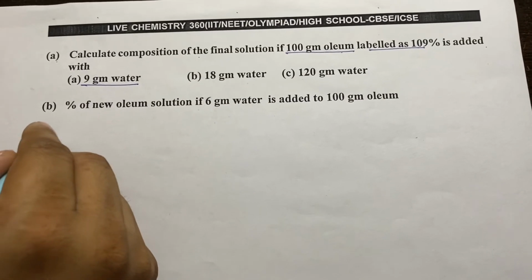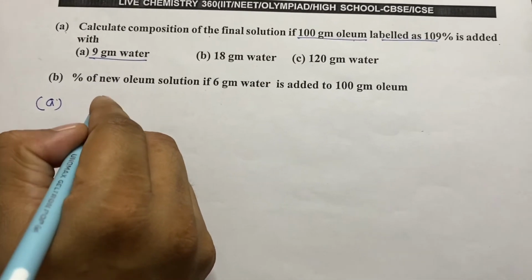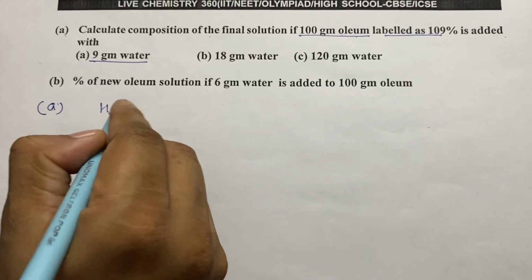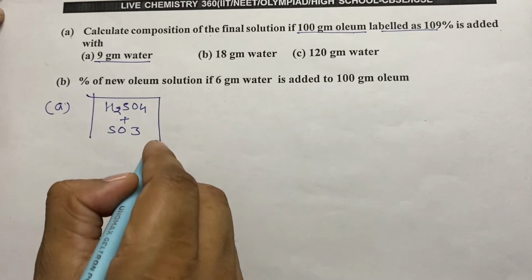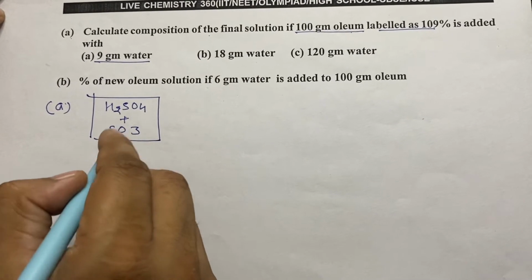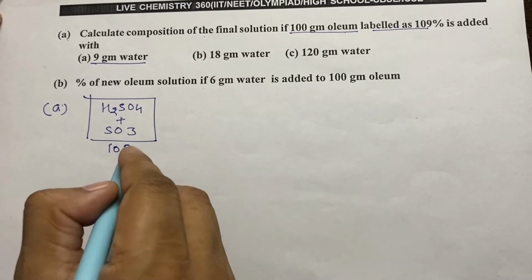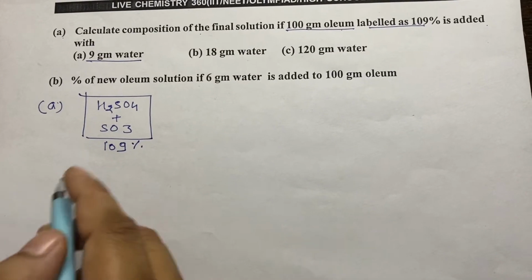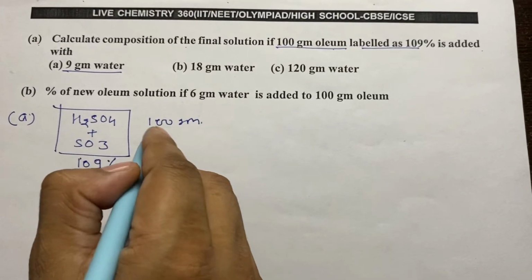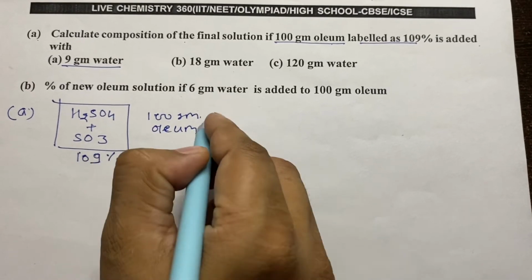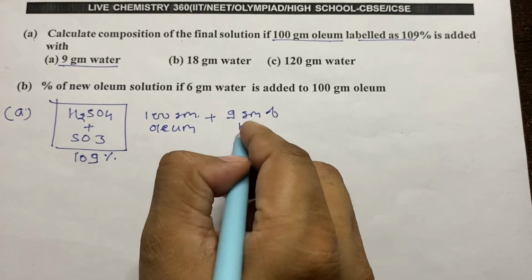So let's take A part of this, and we know that H2SO4 plus SO3, the oleum sample, is definitely 109% label, which clearly means that 100 gram of oleum requires 9 gram of water.